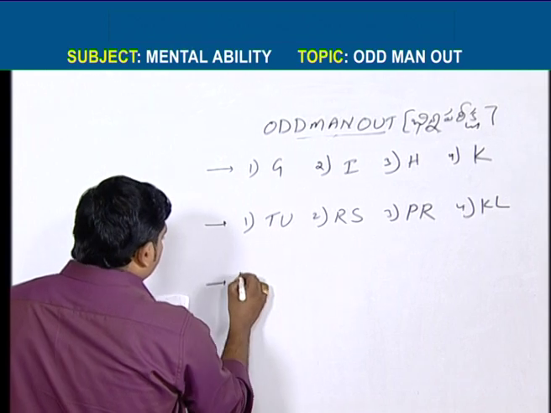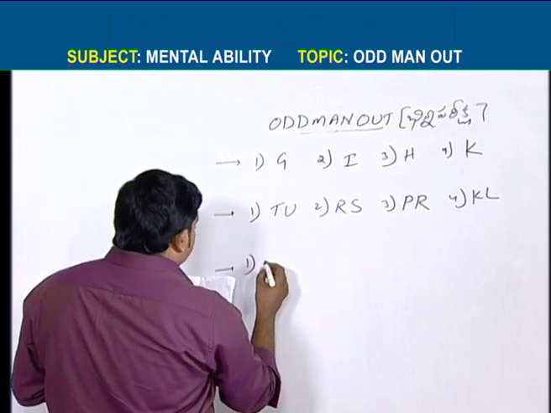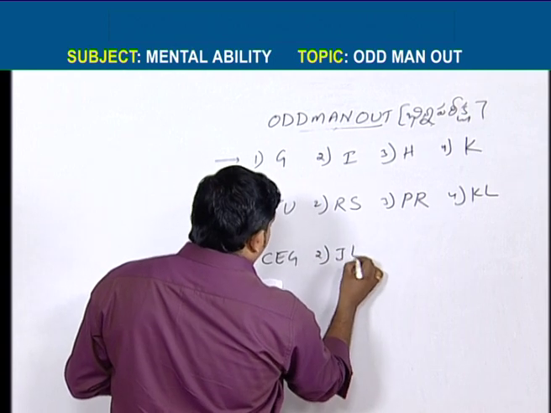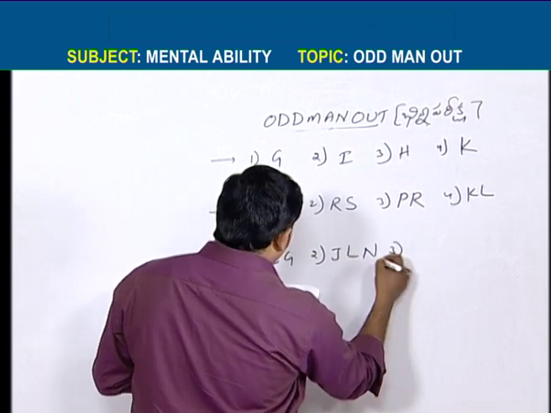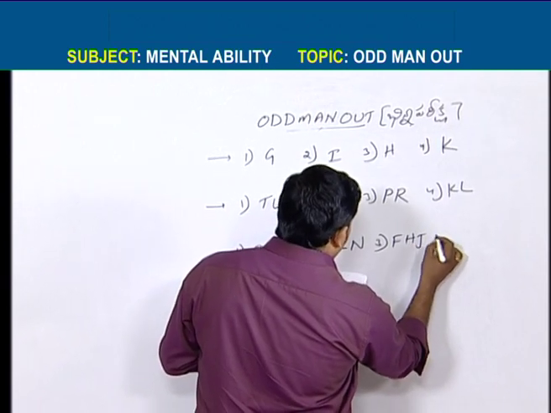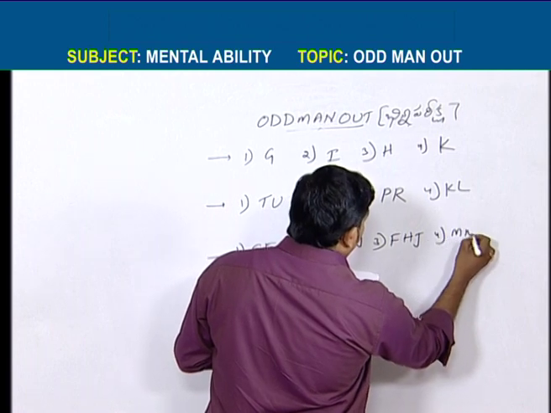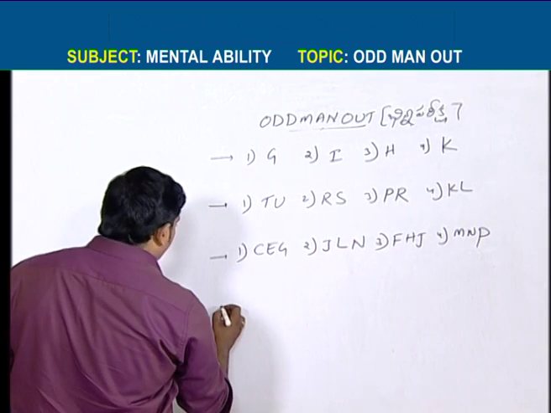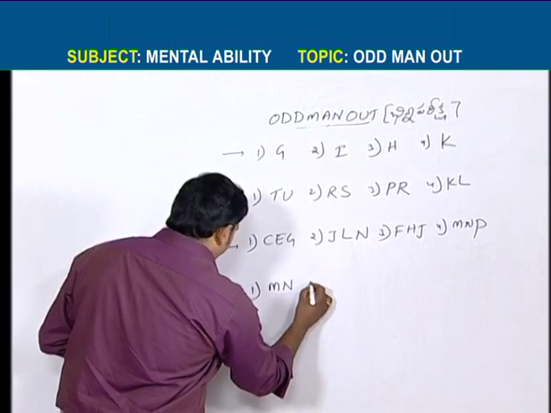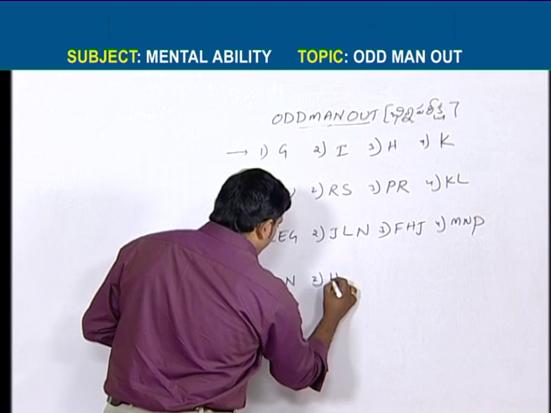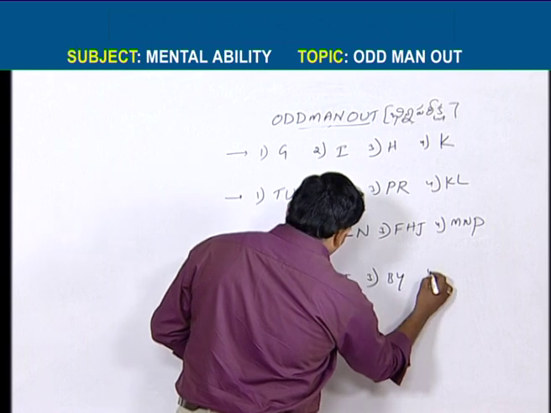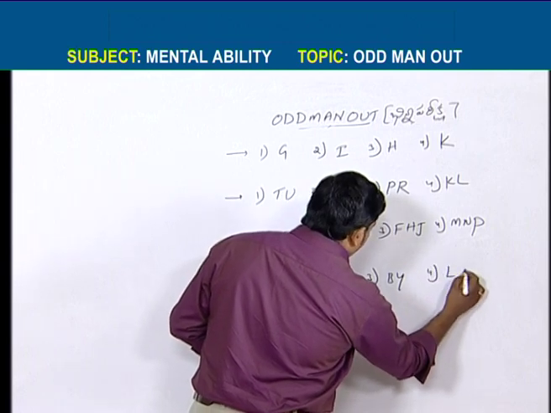Third question. First option CEG, second option JLN, third option FHJ, and fourth option MNP. Next question. First option MN, second option HI, third option BY, fourth option LO.